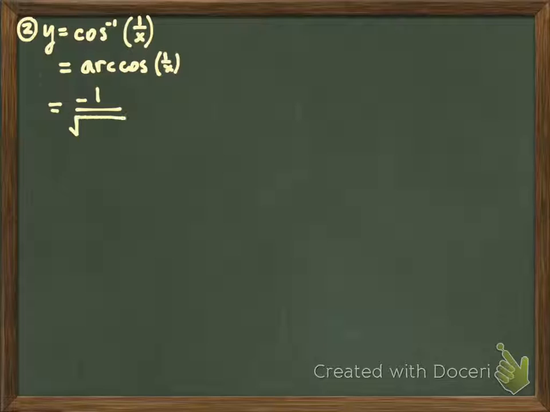All right, so it's the square root of. No. Look at the left side of that. What was inside the inverse cosine? 1 over x. Yes. So we have to have 1 over x squared. Why?